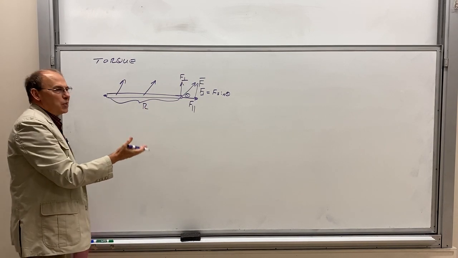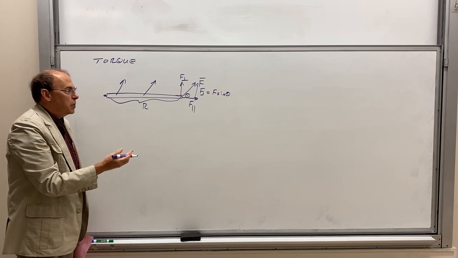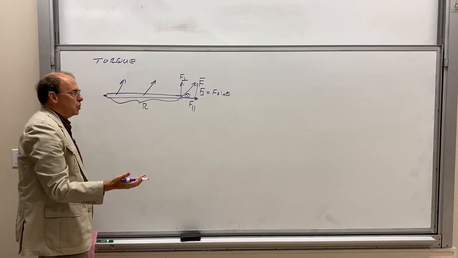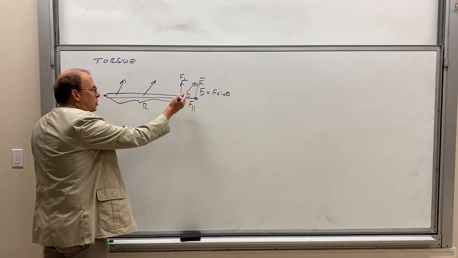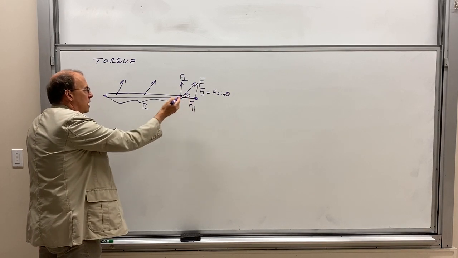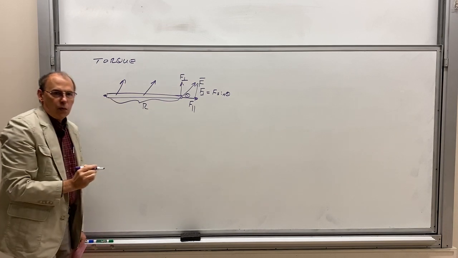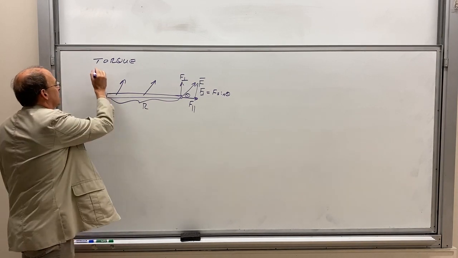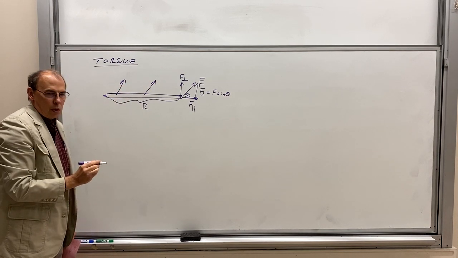So the ability to rotate this door depends on how big the force is, how hard we push, the angle theta, and how far away the force is. All of those are captured in this idea of torque.